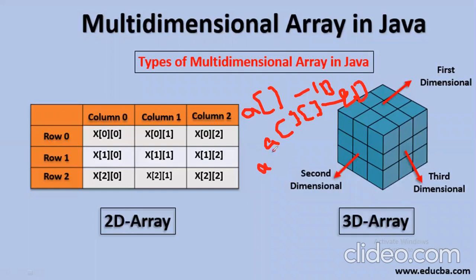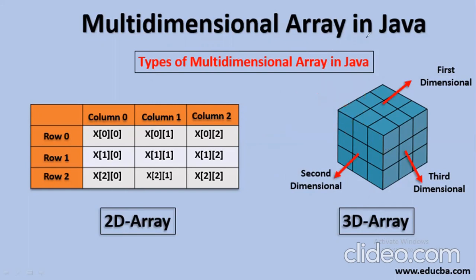And if we have 3 subscripts, it is called a 3D array. If we have 10 subscripts, it is called a 10D array, which is 1 dimension, 2 dimension, 3 dimension, 4 dimension, and n dimension arrays, right?